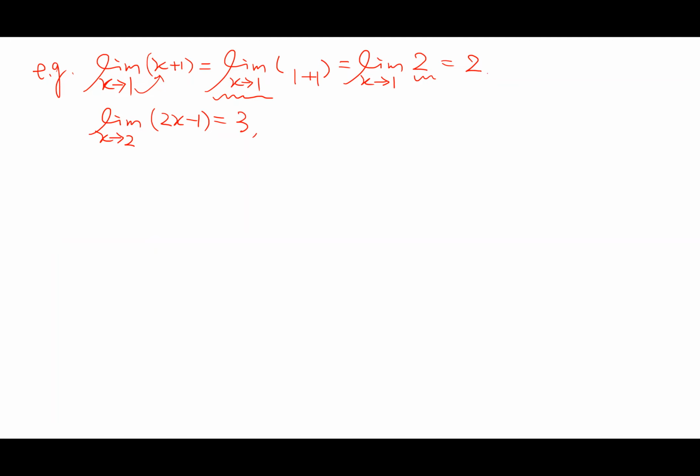That is substitution. We just substitute the point x0 into the function. If we can get a number, that number is the limit of this function. If we cannot, that means the substitution rule does not work here, so we can try to find some other ways to solve it.